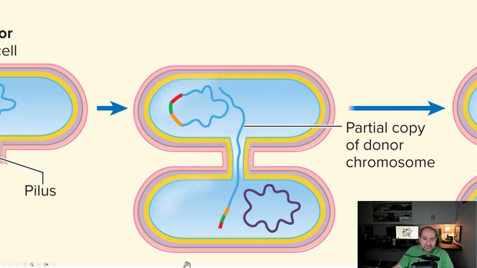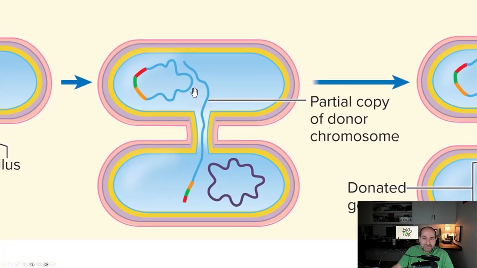Notice how this adjacent cell is an F minus cell. And look what happens through, again, rolling circle replication. The DNA is transferred from the donor to the recipient. And notice this.